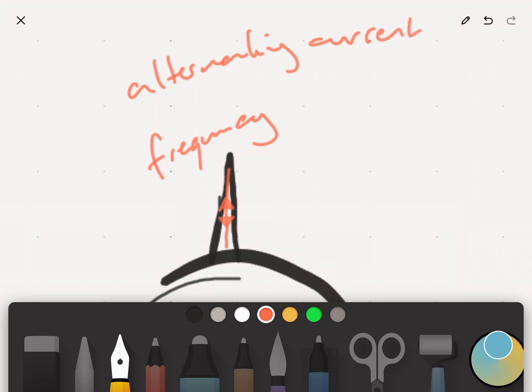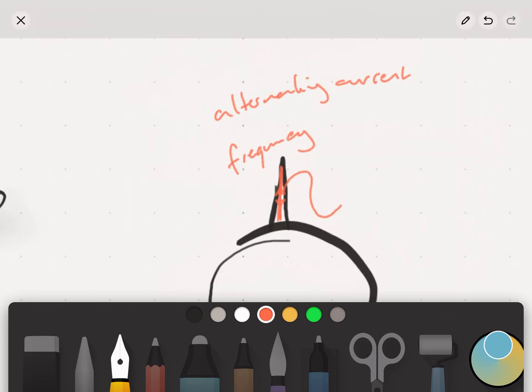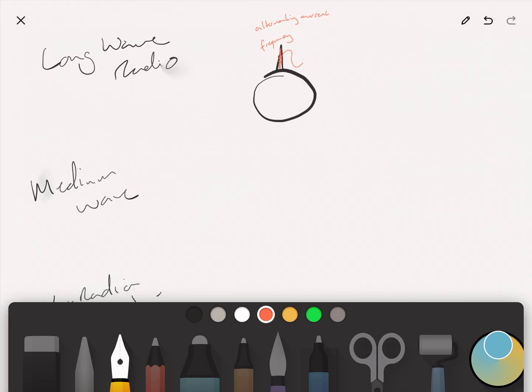It goes up, it goes down, and in doing so, it emits radio waves. Now these radio waves, if they are of a very low frequency, they have a very big wavelength.